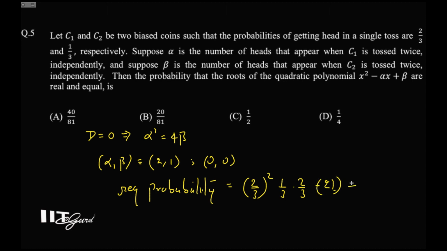Another case is once again 2 by 3 whole square, and 1 by 3 whole square in the case of 0. Solving, that is 20 by 81, and that's the answer.